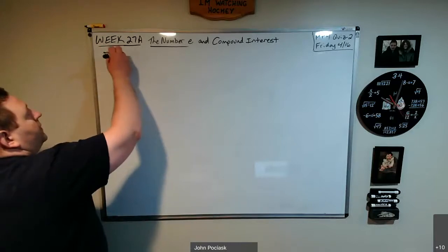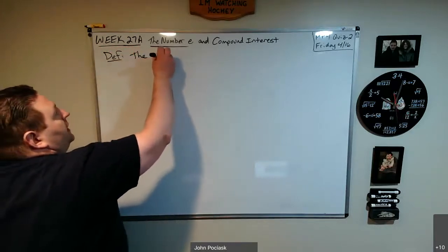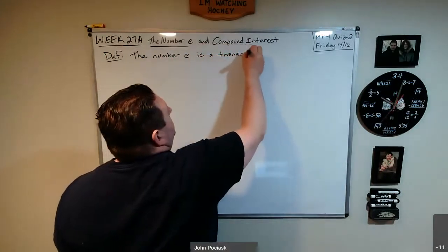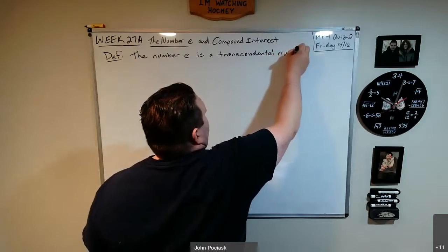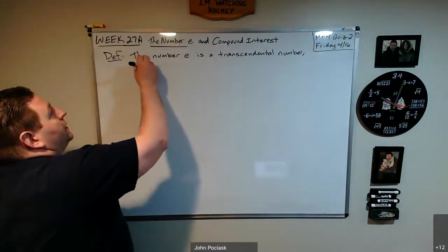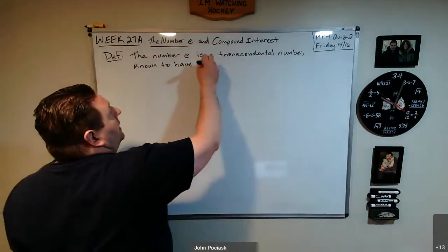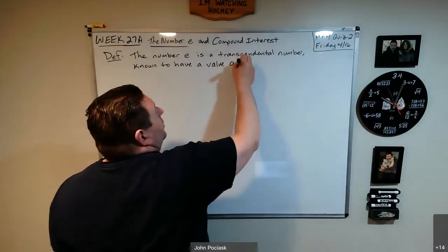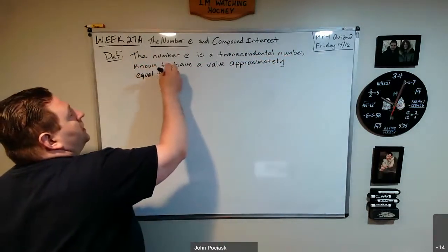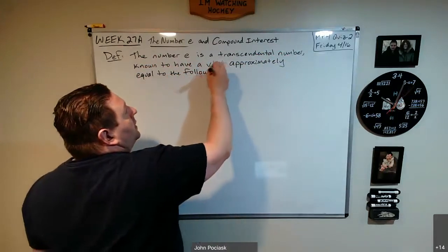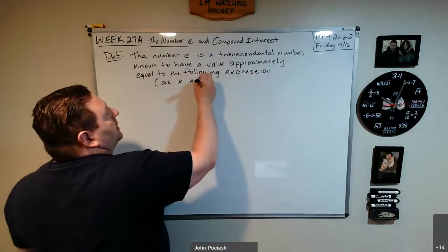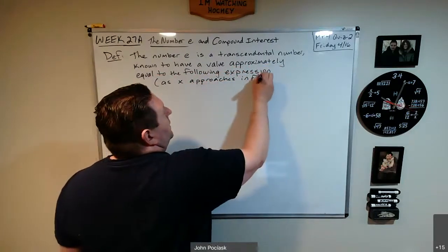Definition. The number E is a transcendental, big word, transcendental number known to have a value approximately equal to the following expression as x approaches infinity.